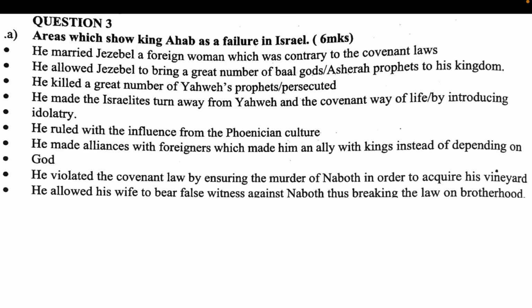Question 3a. Identify areas which show King Ahab as a failure in Israel. King Ahab's failures: He married Jezebel, a Phoenician princess. Remember, this was contrary to their covenant laws.